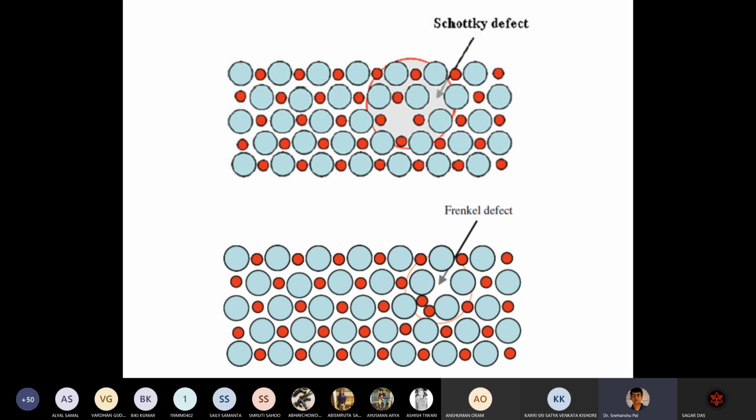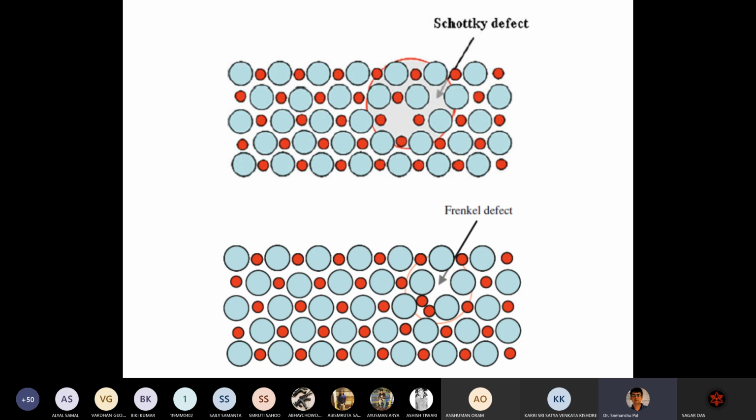So defect chemistry for those materials is very esoteric or complex because of the need for charge neutrality along with mass conservation. When there is no ionic compound, in a normal metallic neutral arrangement, you are not looking at the charge neutrality. You are only looking for mass conservation. So defect chemistry for such ionic compounds is very, very complex.